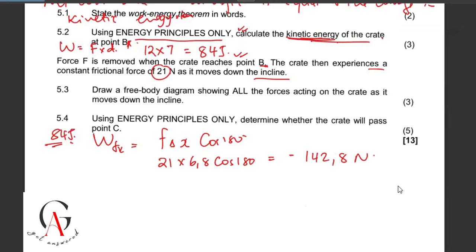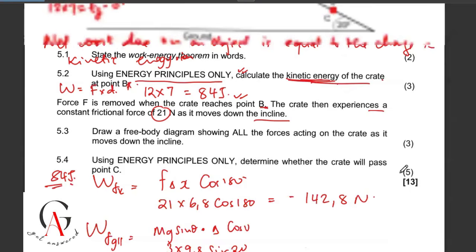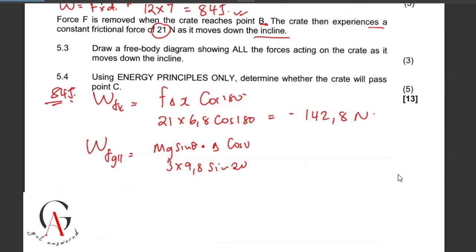And then the work done by the FG parallel, remember it is mg sine theta, multiplied by the displacement and the cos of 0. So the mass is 3, times 9.8, the sine of 20, multiplied by the displacement, which is 6.8, and then the cos of 0.